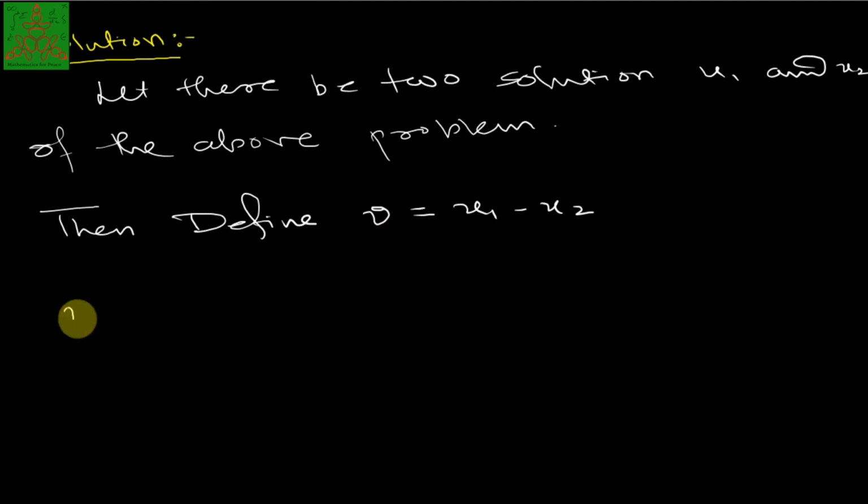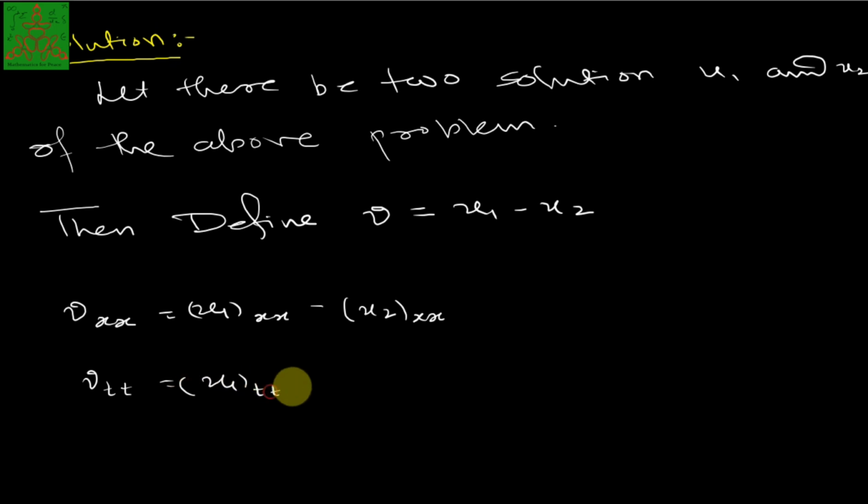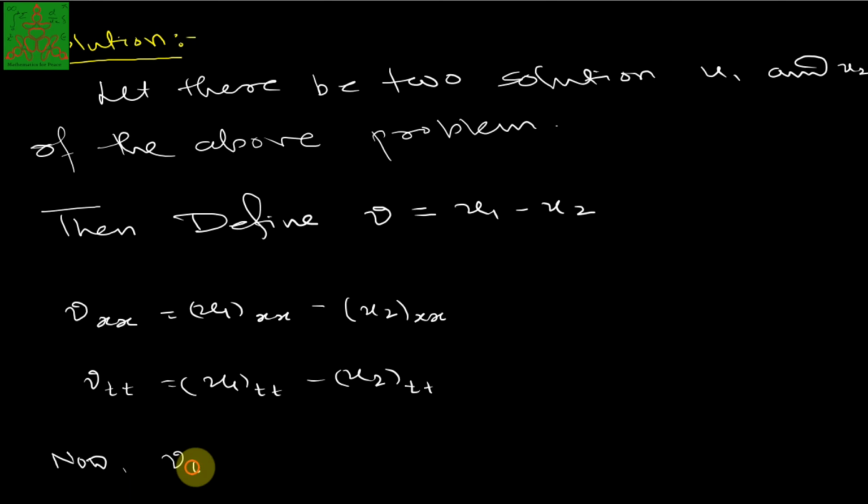We know that v_xx is u1_xx minus u2_xx, and v_tt is u1_tt minus u2_tt, where u_xx is the double derivative of u with respect to x. So the double derivative of v, since v is the function u1 minus u2, will satisfy this. Now we have to calculate v_tt minus a squared v_xx.